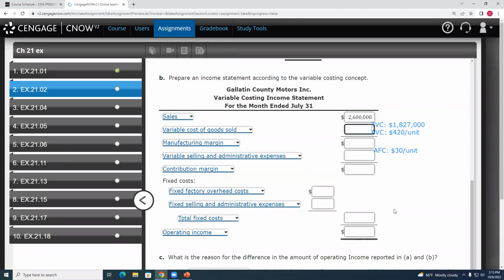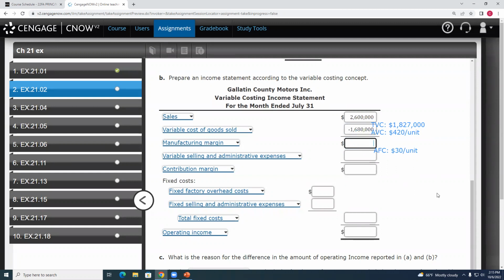The variable cost of goods sold, we already know the average variable cost per unit. It's right there next to where I am now, $420 per unit times the 4,000 units. That's $1,680,000. I didn't say in the top one, but if it helps you to remember to subtract, the software will allow you to put in negatives to remind you to subtract like that.